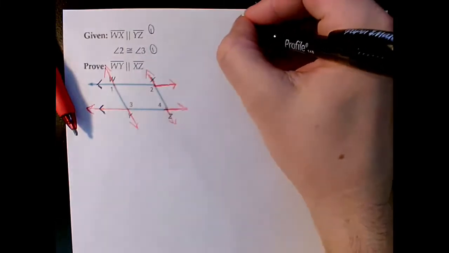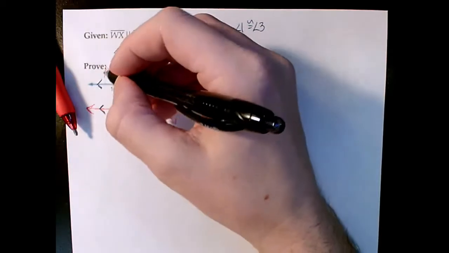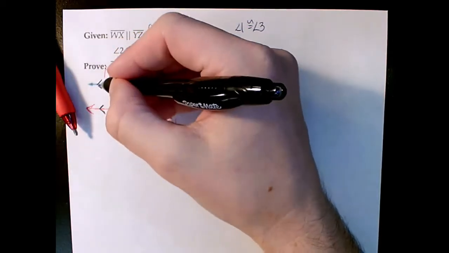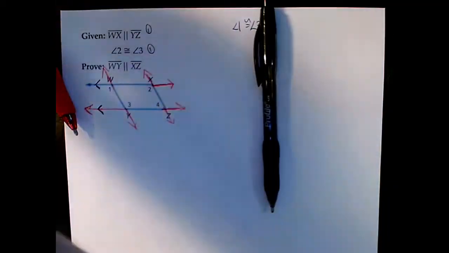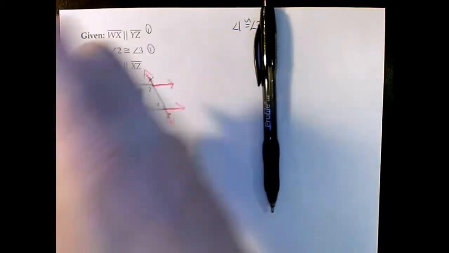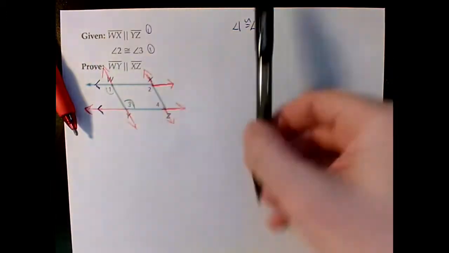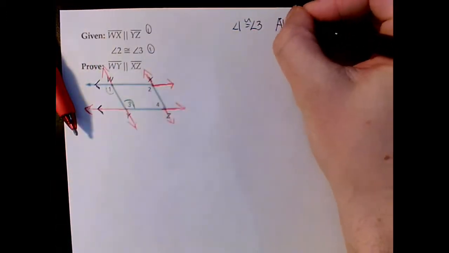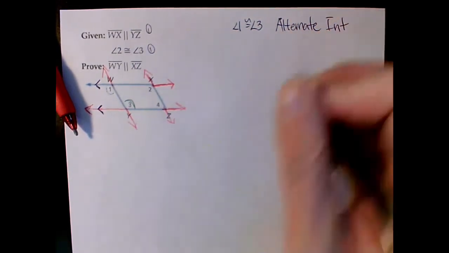I know that angle 1 is congruent to angle 3 because if this is a transversal cutting through these two parallel lines, then 1 and 3 are going to be congruent because they're alternate interior angles.